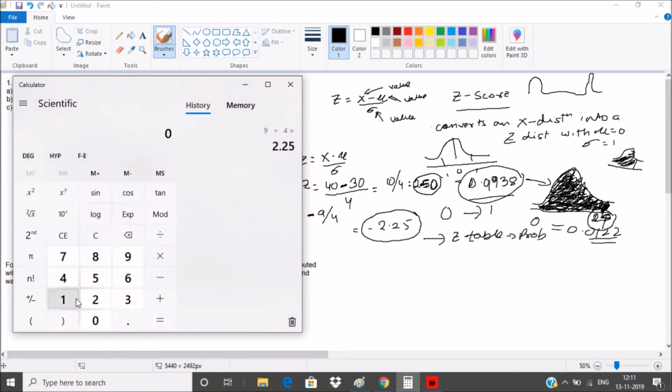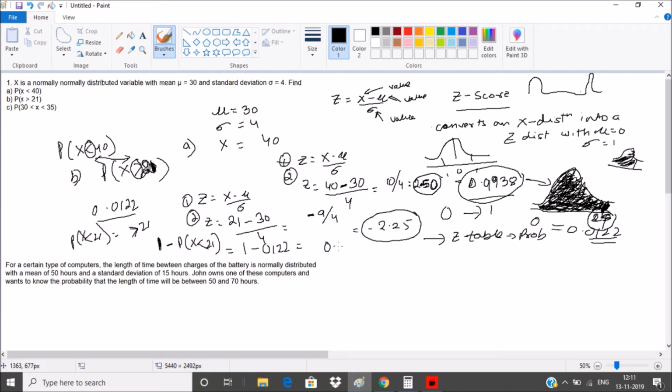If we go to the calculator, 1 minus 0.0122 gives 0.9878.